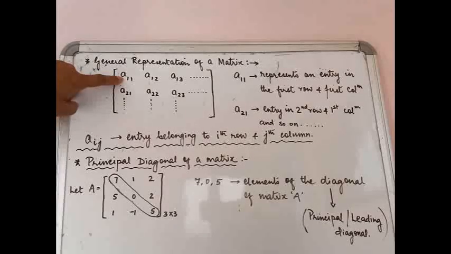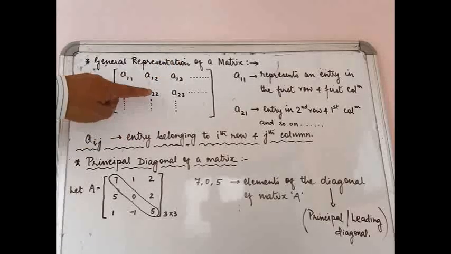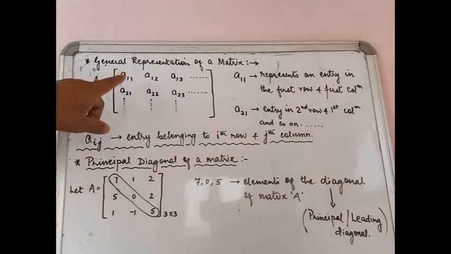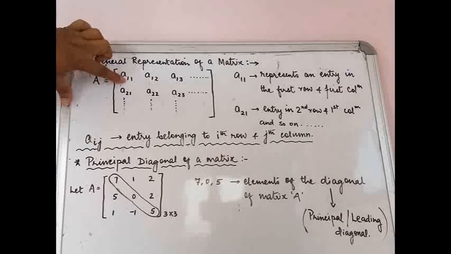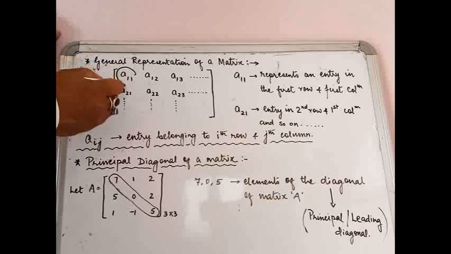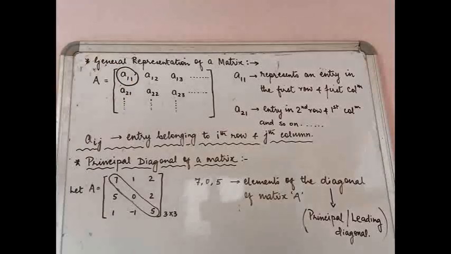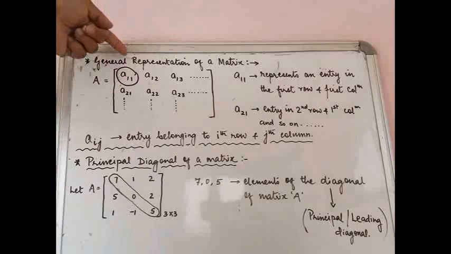You see, I have written the general version: A11, A12, A13, then A21, A22, A23. Now what are these? What is this 1, 1, 1, 2, 1, 3? If you see, the first number represents the row and the second number represents the column. So when we talk about A11, it is very obvious to our mind that this entry is present in the first row and also in the first column.